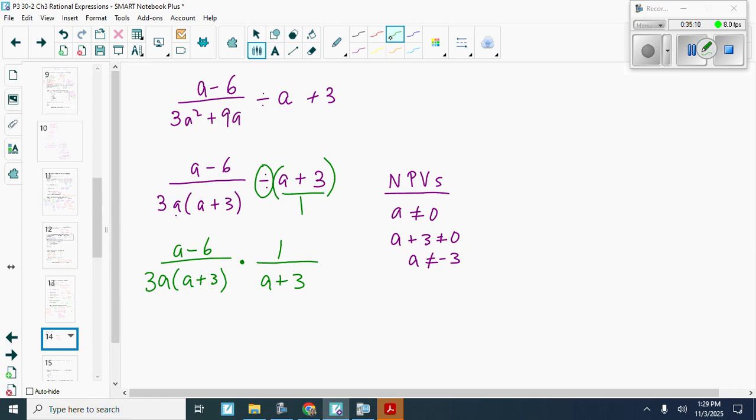So when you have to write its reciprocal, for example, if I had 7 and I asked you to write the reciprocal, this would be 7 over 1. So then the reciprocal is 1 over 7. This is the same thing. This is a binomial that, when we multiply by the reciprocal, that's where the 1 came from.